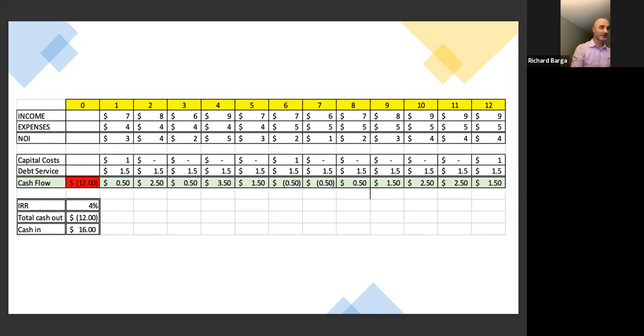The total cash out and the total cash in over those periods actually add up to $4, but that's neither here nor there. It's 4%. We use this calculation on every real estate deal, on every single analysis that's done based on those cash flows. Next slide, please.